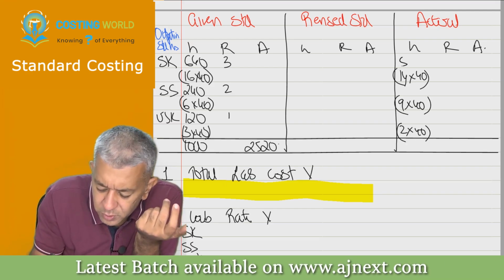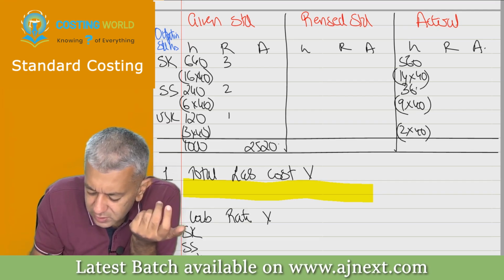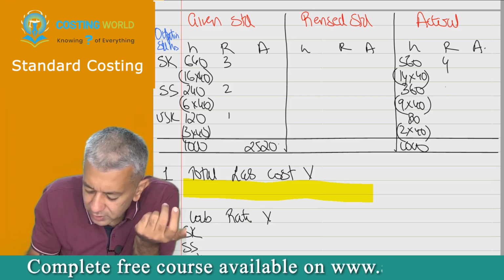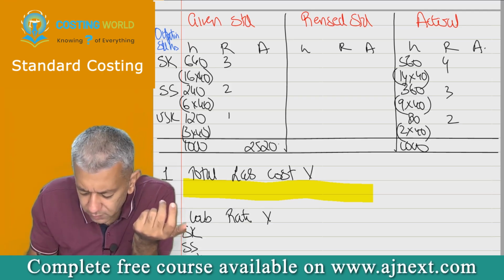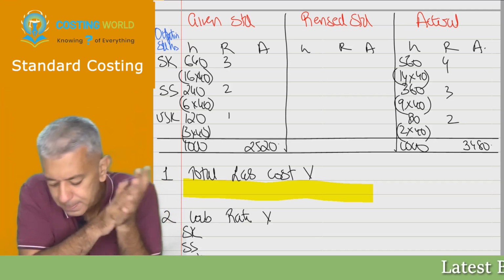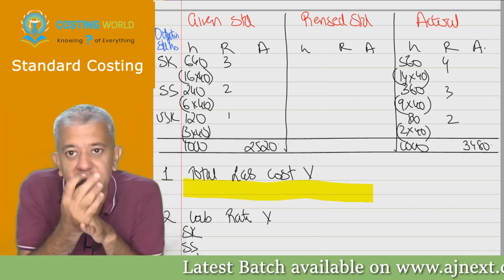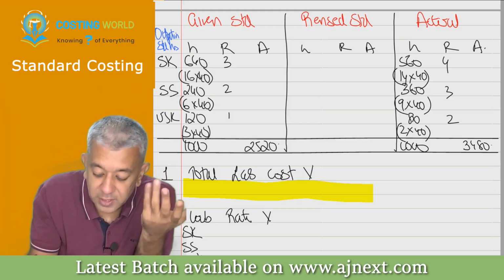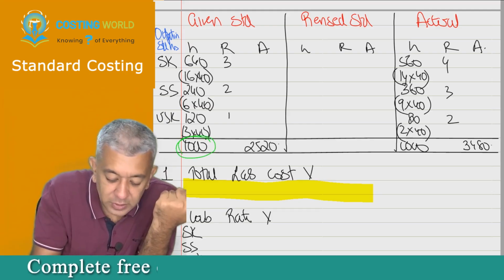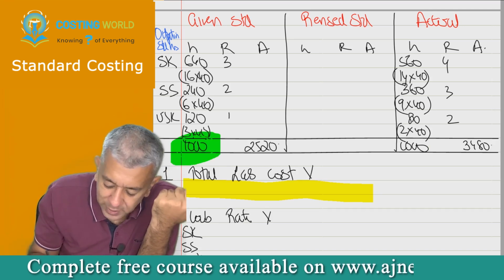So this is 560, this is 360, this is 80, this is 1000, and at the rate of 4, 3 and 2, I guess this will come to 3480. But one thing that matters: this particular data and this particular data is the same.